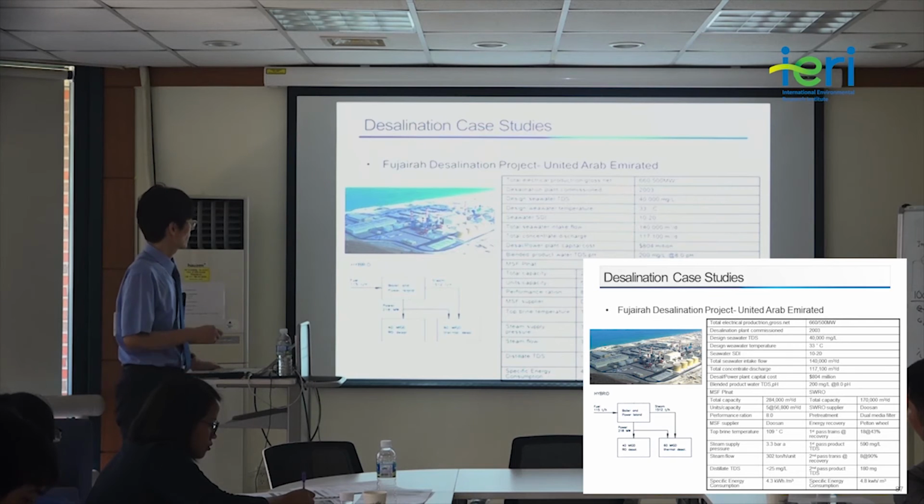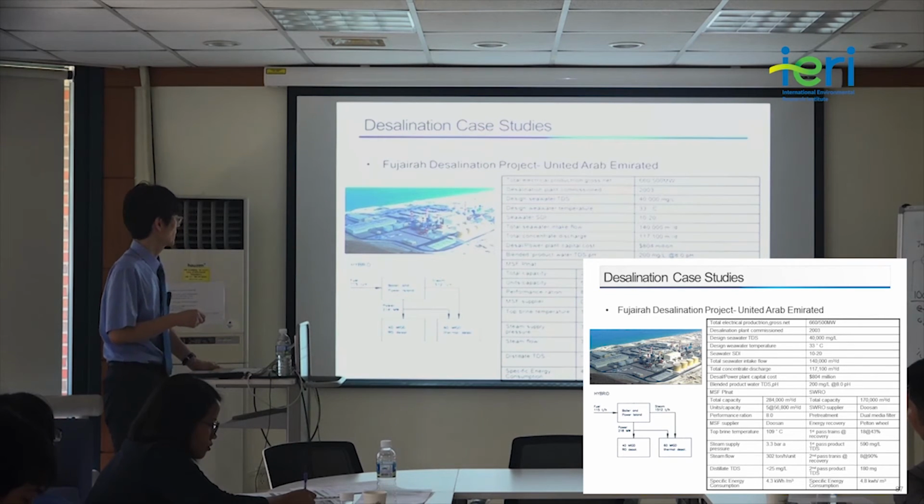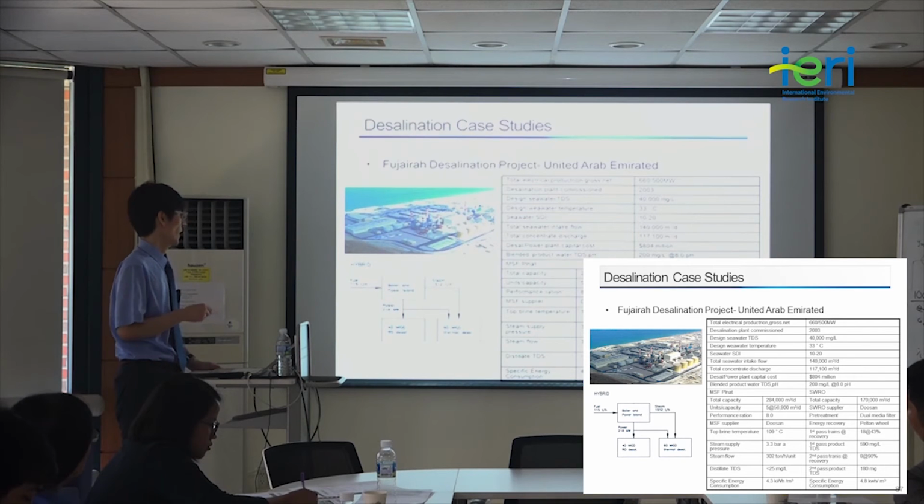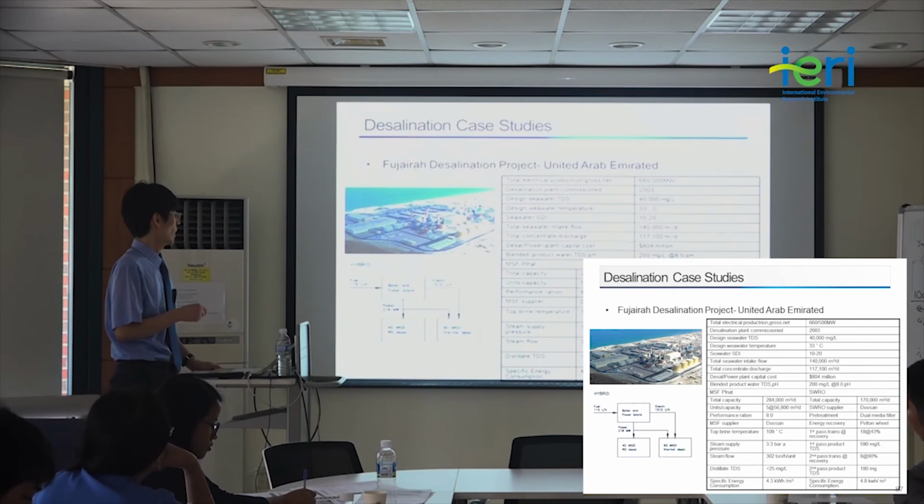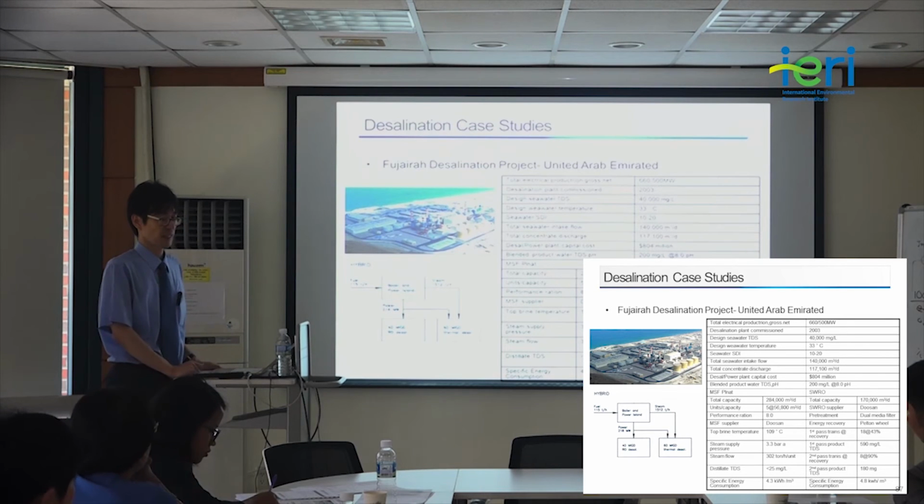One of the aspects that they have is they have the power plant, and they have two different units for seawater desalination. One unit is reverse osmosis, and the other unit is thermal desalination.